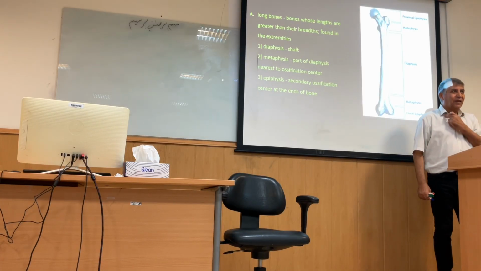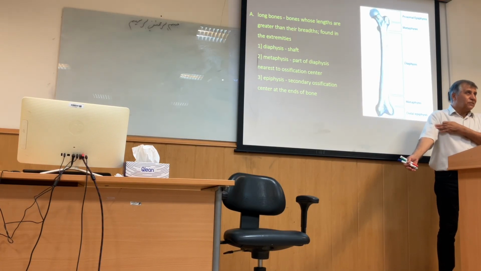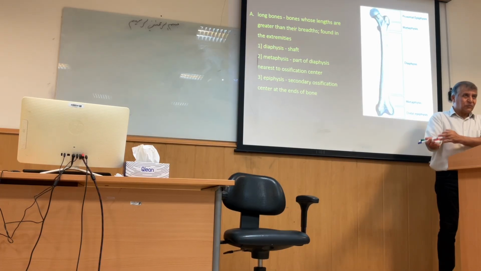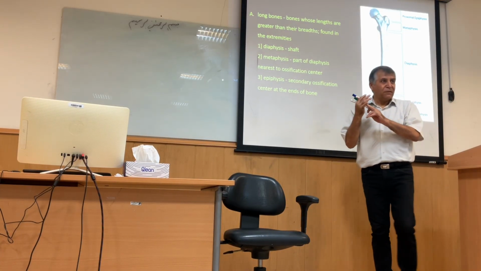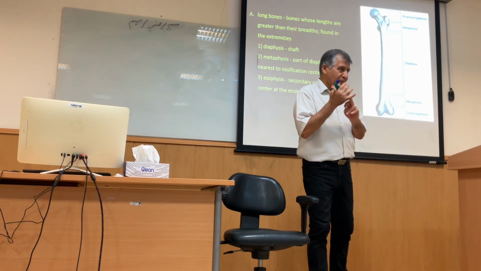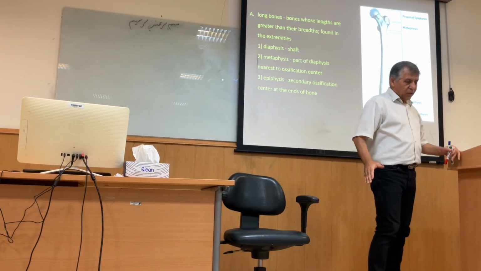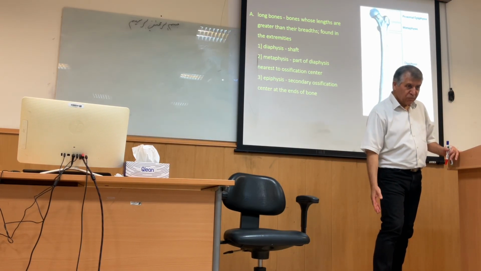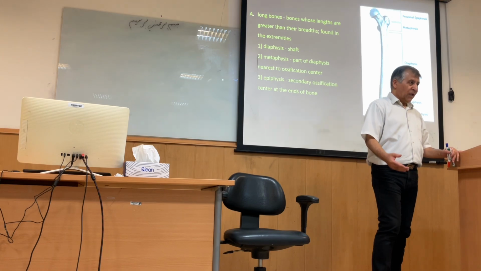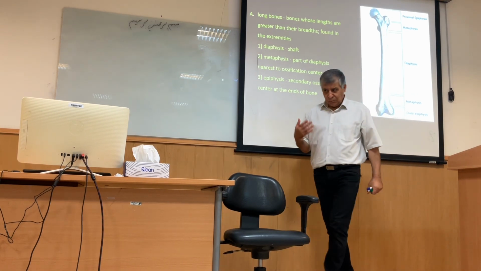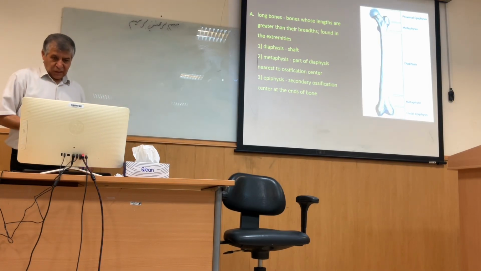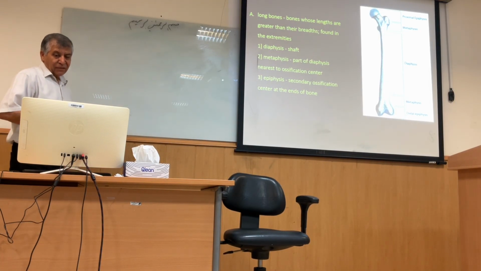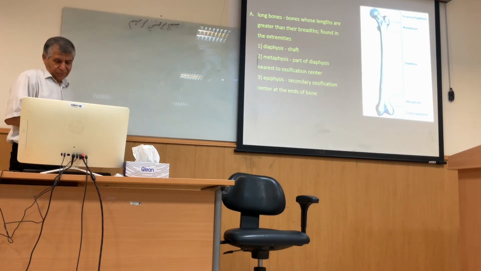For example, clavicle, humerus, ulna, radius, metacarpal, and phalanx. Phalanx is a miniature long bone. In the lower limb, femur, tibia, fibula, metatarsal, and phalanx are long bones. For this reason, we must learn more about long bones.